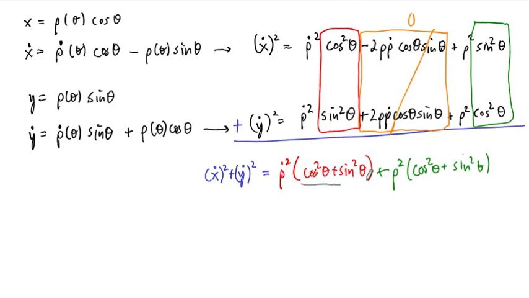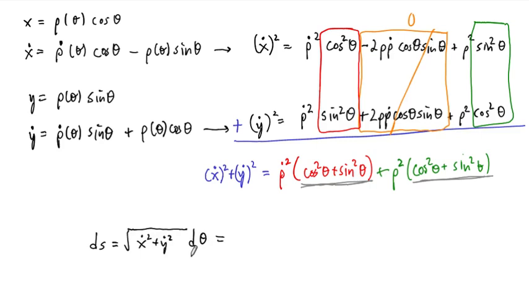And we're almost done. These two terms, these are just Pythagorean theorem. Those are just equal to 1. And so what we end up with is that our arc length element, in terms of theta, so in our polar parameterization, so for polar functions, our arc length element ds is equal to, remember we wrote on the previous page, the square root of x dot squared plus y dot squared d theta.